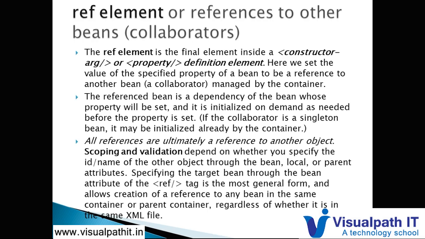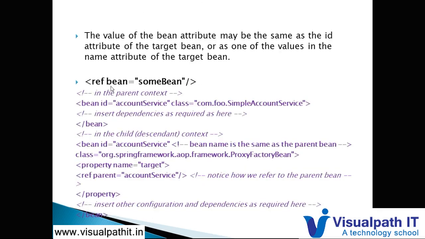For example, if we can see here the ref element, ref bean is equal to some bean, and the bean id is the accountService. This is the id, and the class name is SimpleAccount class. Here the bean id is accountService, and the bean name is the same as that of the parent bean.